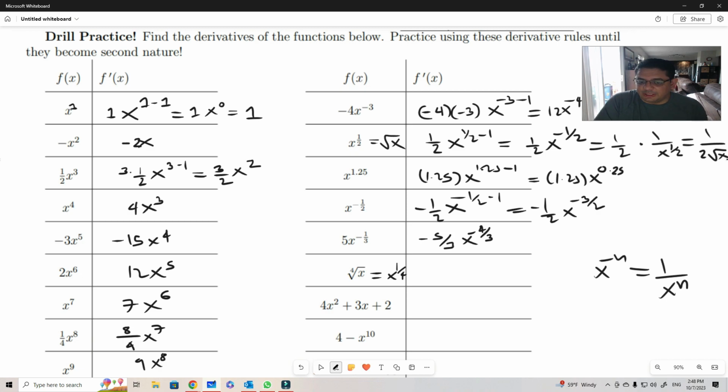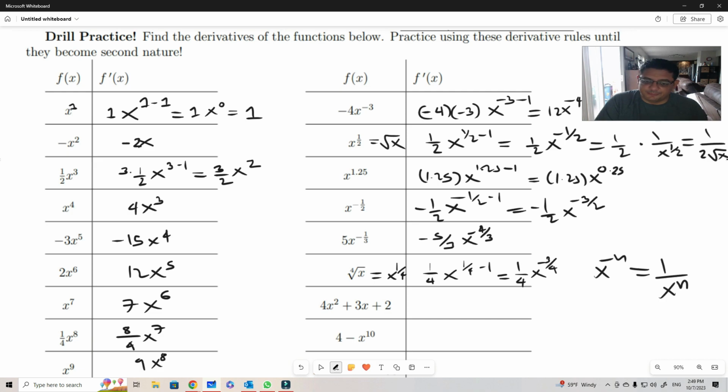And so if we create a derivative for this, this will be x to the 1/4 minus 1. And so simplifying this is 1 over 4 x to the minus 3 over 4. Since 1 is 4 over 4, 1 over 4 minus 4 over 4 will give me minus 3 over 4.